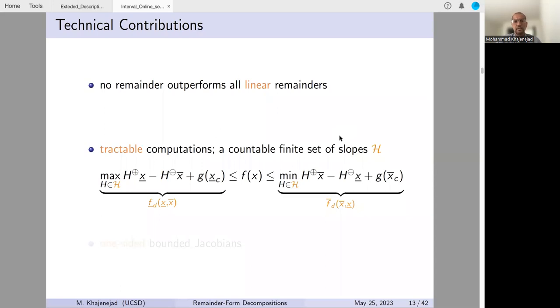And with that, we have just a finite supporting set to search over, and then we can easily search over it by enumeration. We can search over that set and find the tightest possible decomposition functions from below and above.